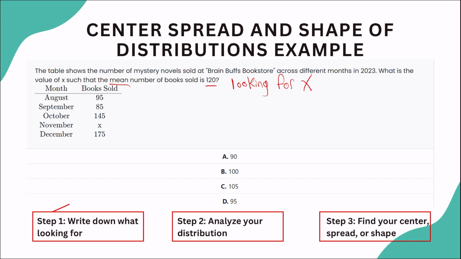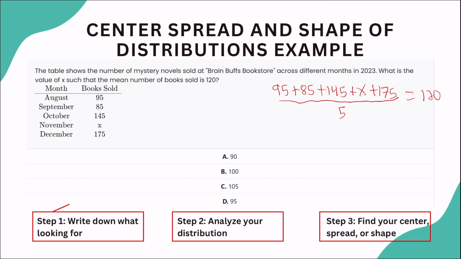So let's write this down. 95 plus 85 plus 145 plus X plus 175, dividing this by how many numbers we have, which is 5 months, and this equals 120.